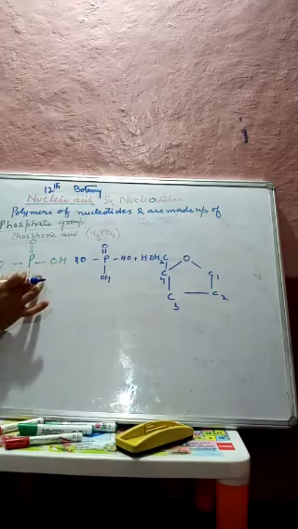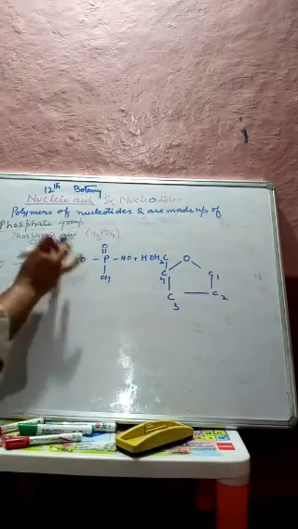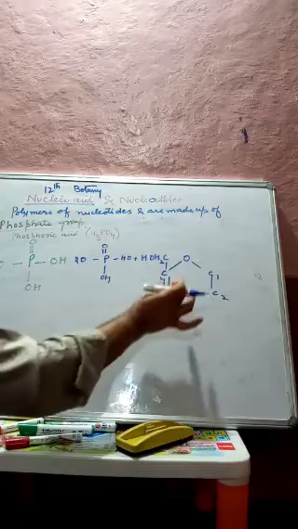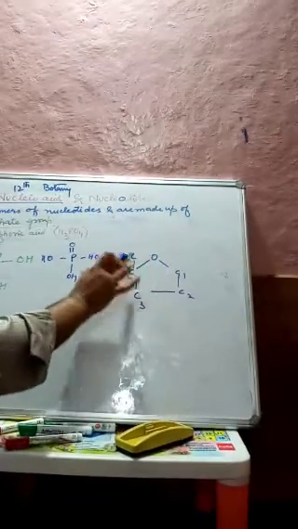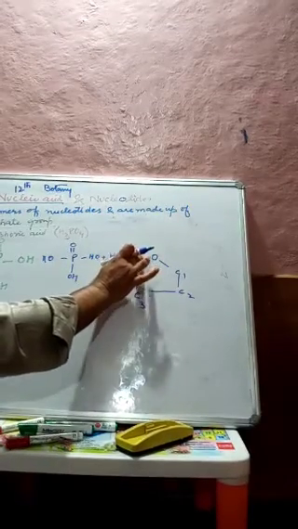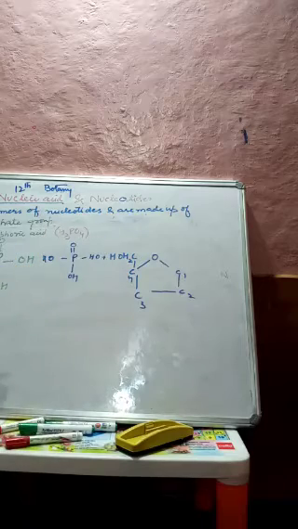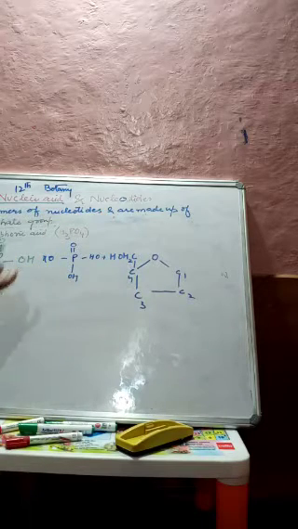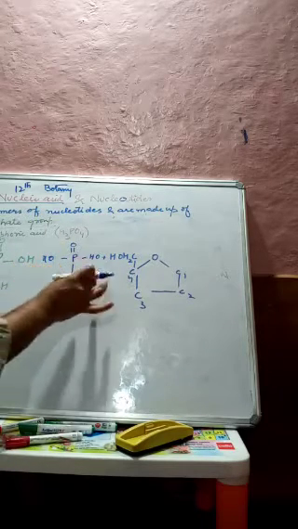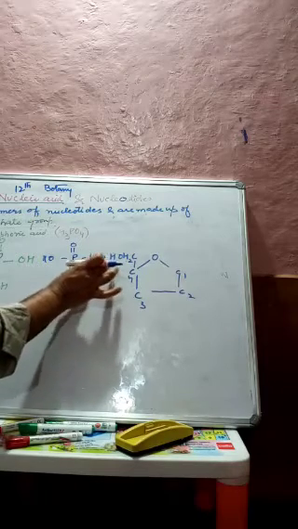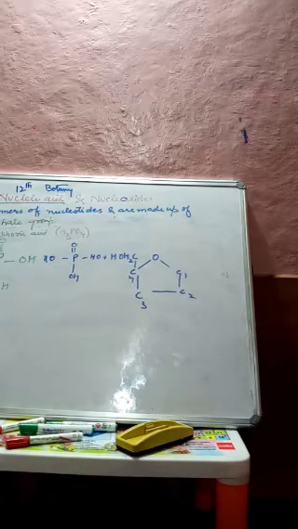So this phosphoric acid is attached at the fifth carbon of the pentose sugar.